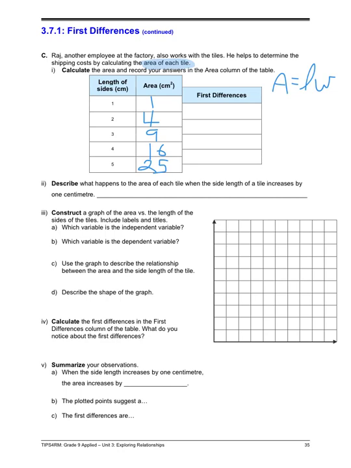In part 2, we're asked to describe what happens to the area of each tile when the side length of a tile increases by 1. Well, we can see that the pattern is not going to be that the area increases by a set amount. We're increasing by 1 the first time to go from 1 to 2, but our area increases from 1 to 4.